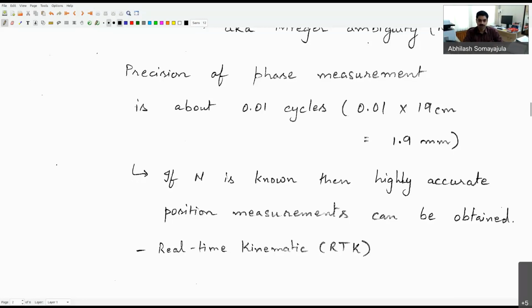There are no refractions of your signal as it is coming through the ionosphere. So all of these things have to come into the picture in order to make sure that you get your millimeter level accuracy. So it's not always very straightforward, in the sense that it's not as robust.